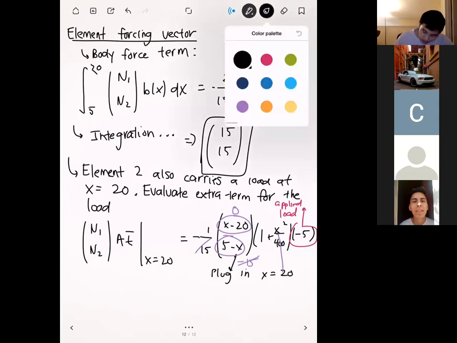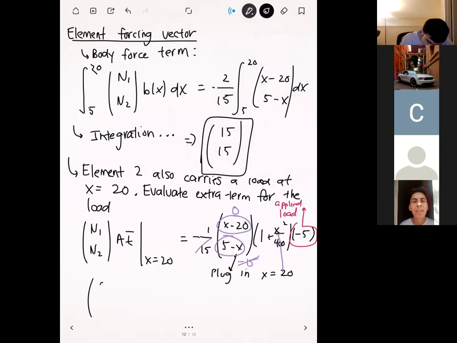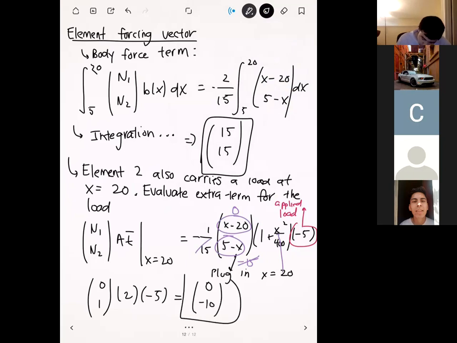And so in the end, what we have is 0 and 1 multiplied by 2 multiplied by minus 5. Okay. And then what we get from this is 0 and minus 10. And so this is an additional load that we're going to input onto this element. Okay. And so the total element forcing vector is just going to be the sum of these two guys.